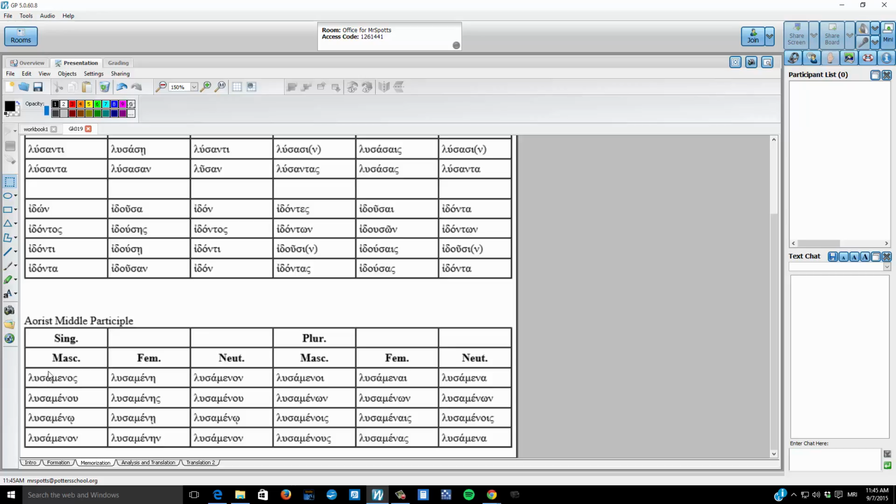It doesn't matter whether it's first or second aorist. You'll use the aorist stem. So you could have lusamenos, or you could have idomenos. Get the idea. Aorist stem, and then menos, mene, menon. First and second declension endings.